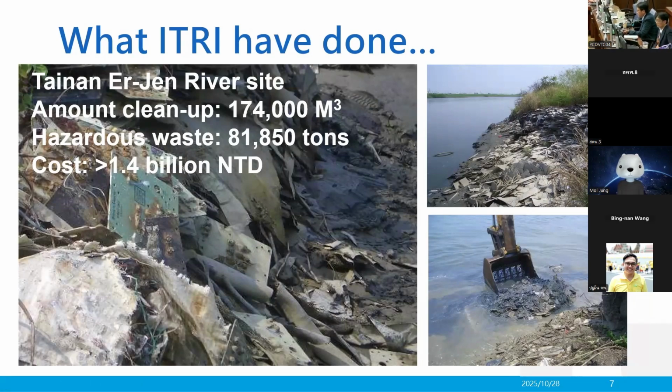The waste at this site includes PCB boards from electronic waste, and acid sludge from treating the PCB boards or waste cable. There is also dioxin-contaminated soil from open burning of waste cable at these sites.